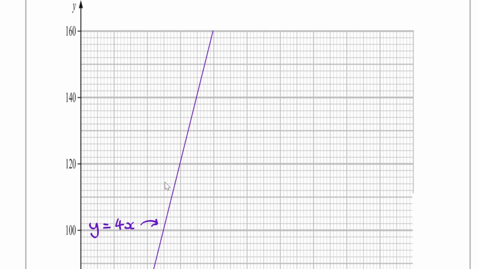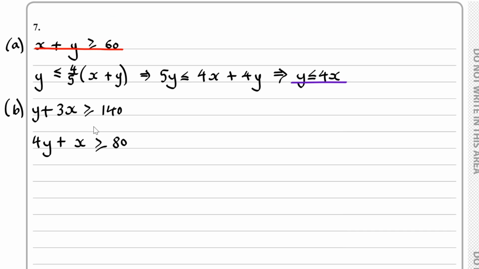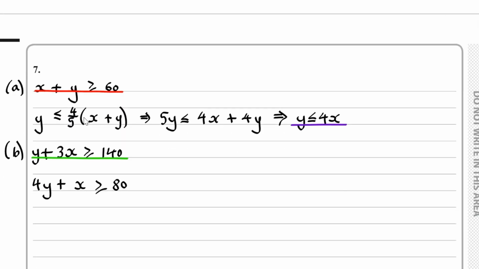The next one is y plus 3x equals 140. So when x is 0, y is 140. So let's just show that. And then if x is, I don't know, 30, let's work this out. We have 140 minus 3 times 30, which is 50. So when x is 30, y is 50.